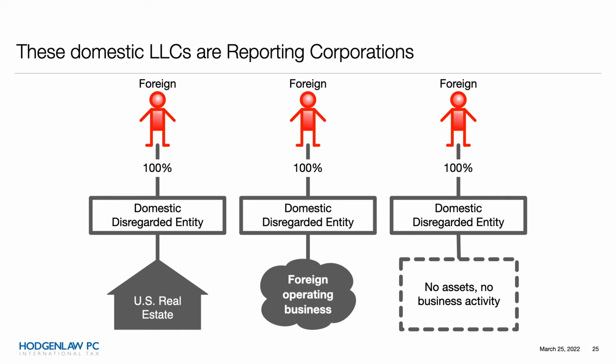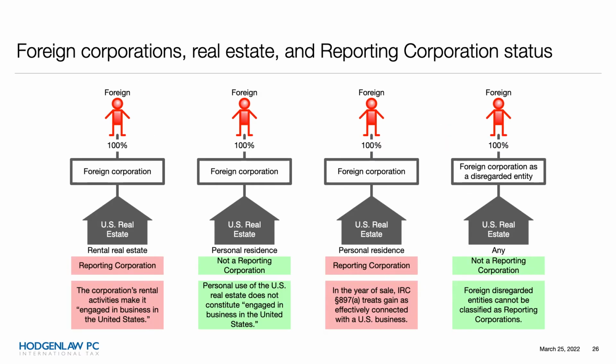People think they're doing business with a U.S. entity and everything is cool, but in fact it's not. It's running straight through to you as a non-resident individual of the United States. So always, 100% of the time, domestic LLCs are going to be reporting corporations. 100% of the time, they're going to have a Form 5472 filing requirement at the end.